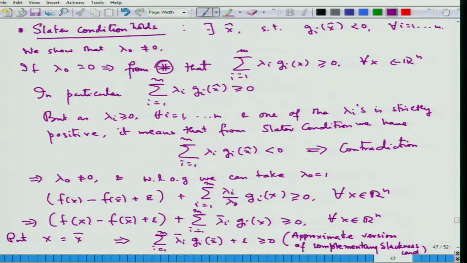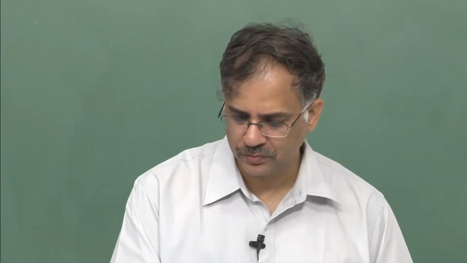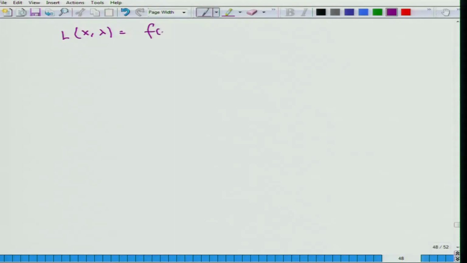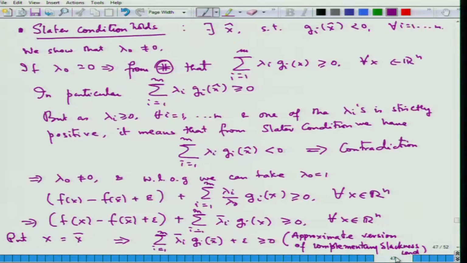Now, keeping this aside, if I notice that the Lagrangian function is written like this, where this is in Rn and this is in Rm plus, then from the previous equation, what would I get?